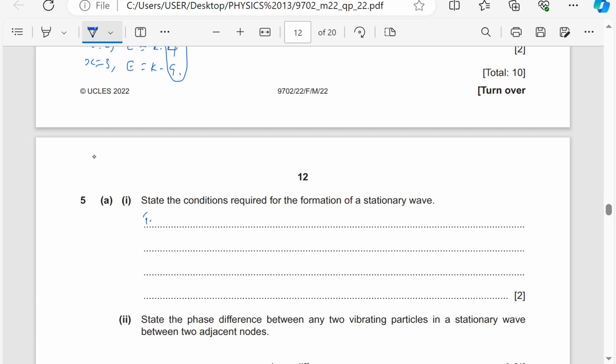So we must have two waves of the same type.